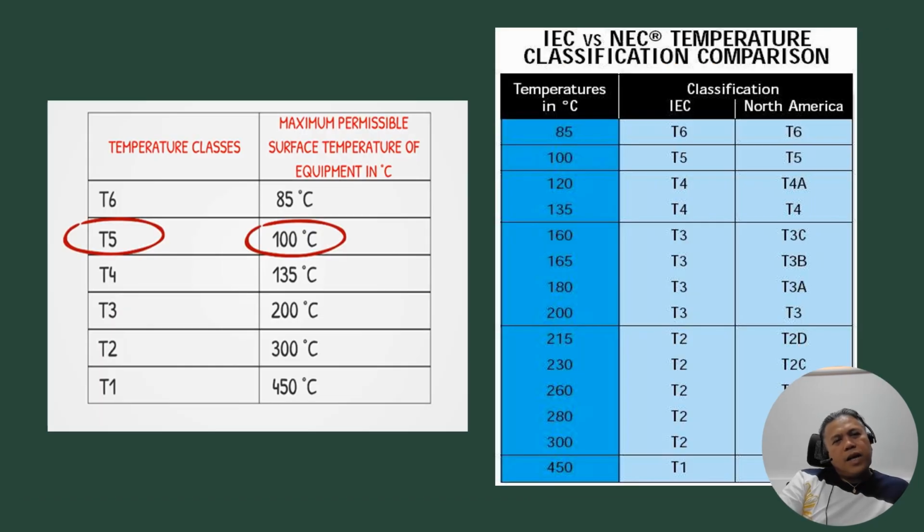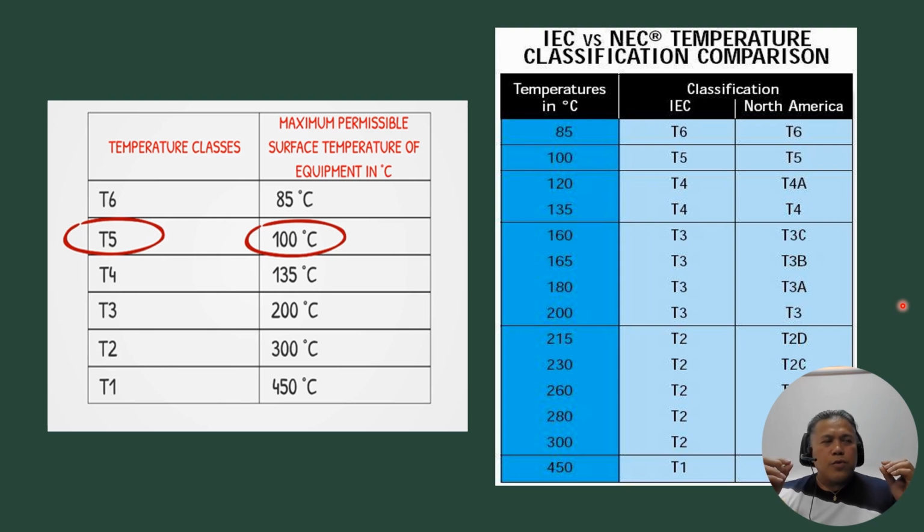Now, as you can see here, this is the example temperature class of T5, and the temperature under T5 is 100 degrees. As you can see in the example, this is electrical equipment. Remember, electrical equipment generates heat when in use, and the hot surface can ignite and then explode.